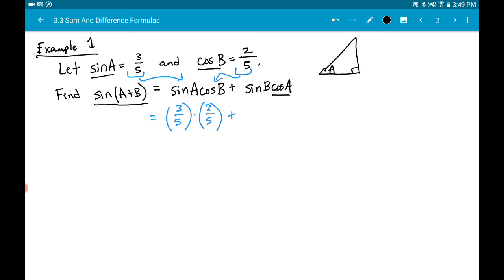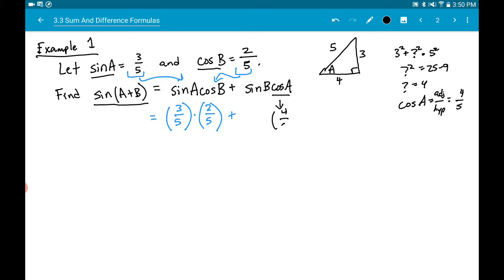If you have an angle A here, and we know that sine is opposite over hypotenuse, then using the Pythagorean theorem, meaning 3 squared plus something squared is 5 squared, and moving this around, I could find out that that adjacent side is 4, and then cosine of that angle is adjacent over hypotenuse, which is 4 over 5. So cosine of A is 4 over 5.